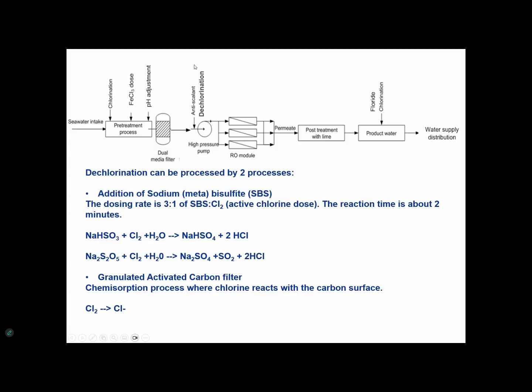So microfiltration, ultrafiltration, even ceramic filtration, it's okay to have a chlorinated compound. But when you go through the non-porous membrane, such as nanofiltration or reverse osmosis, it is very easily damaged by the chlorine, so you need to make sure of the dechlorination process.